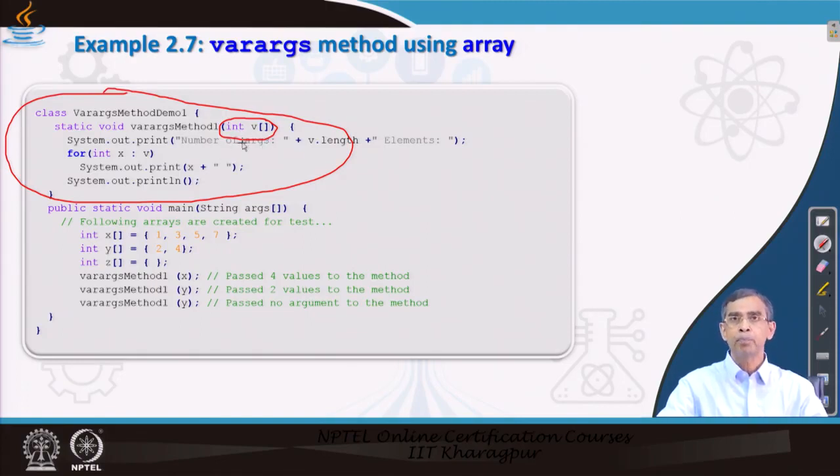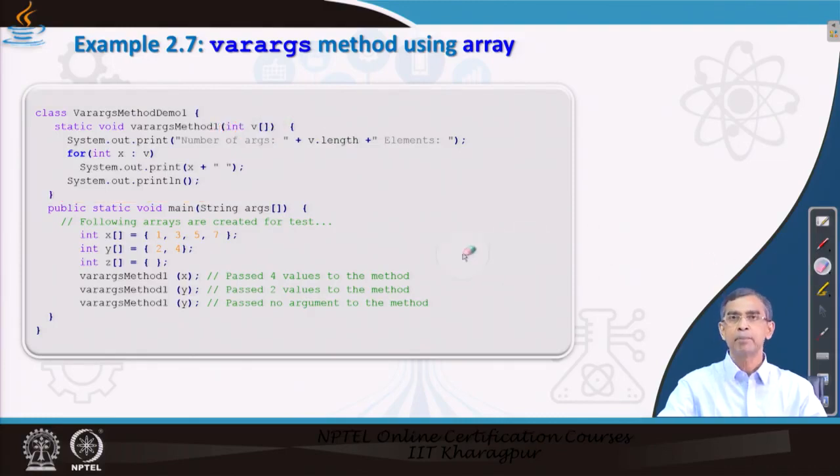If you want to pass any type of value, then instead of int you can write capital T, then v, which means an array of any type, so any number of values of any type can be passed. But in this example, for simplicity in the discussion, the method is planned to take any number of integer arguments. Now, this is a very simple main method that we have discussed here.